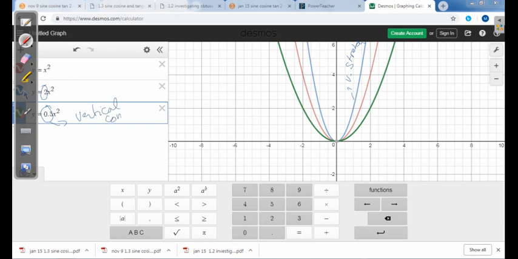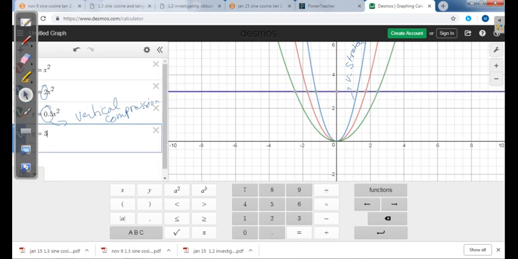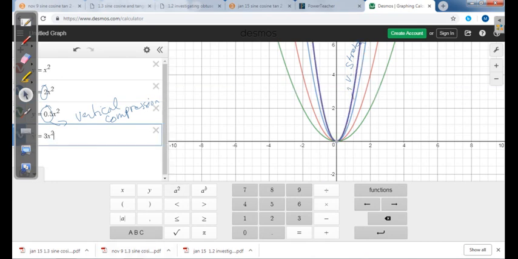Now you're going to say to me, is this always going to happen? When am I going to have a vertical compression and when am I going to have a vertical stretch? I'm going to give you another one here. What if I don't have a 2, I have a 3x squared? What if I have y equals 3x squared? Is it vertically stretched or vertically compressed?